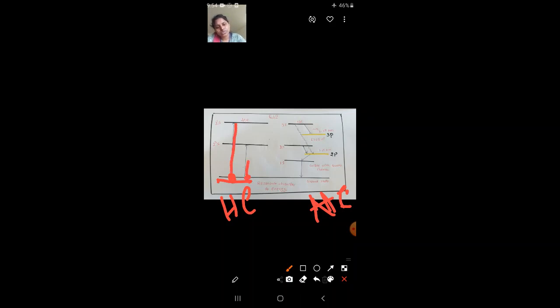Here 2,1s and 2,3s are the states of the helium atom, the helium levels. After some time the particles lose the energy, with a lifetime of 10 to the power of minus 8 seconds, and then they fall down to the ground state.